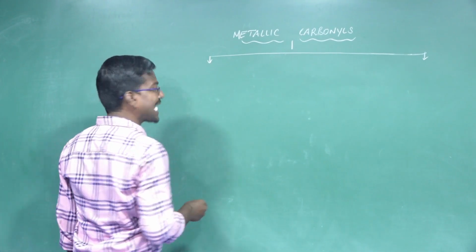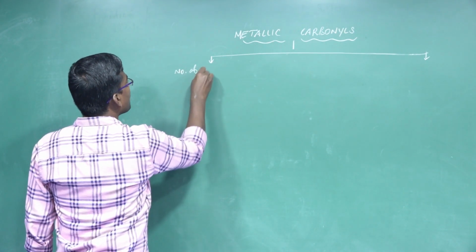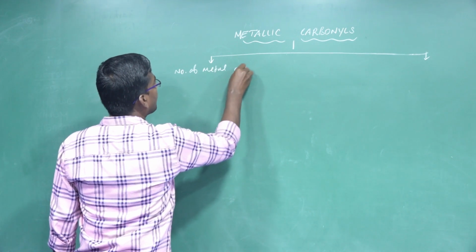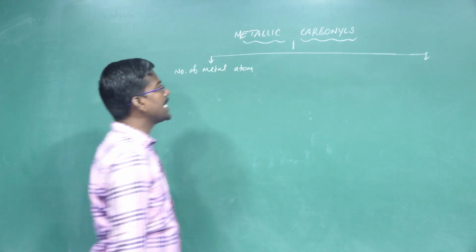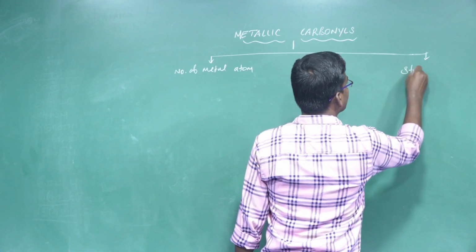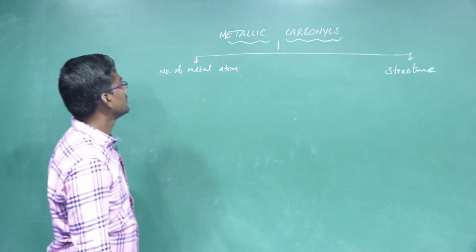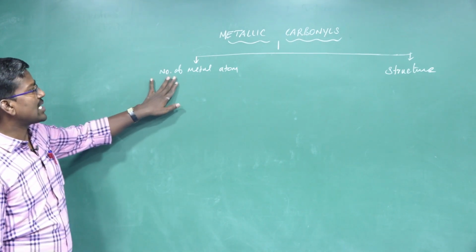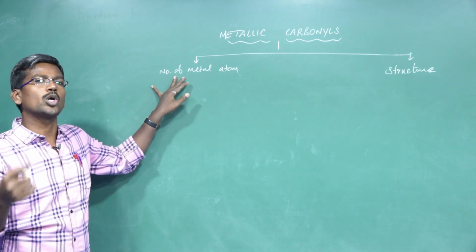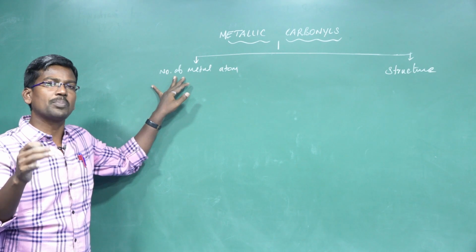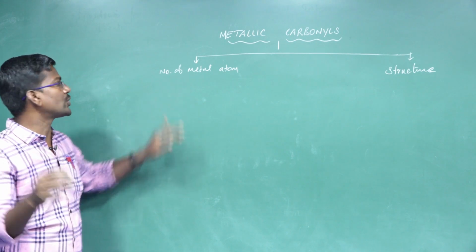One is classification based on the number of metal atoms. The other is classification based on the structure. In the classification based on the number of metal atoms, some compounds contain only one metal, and some contain two or more metals. So, depending upon the number of metal atoms present in the metal carbonyl, it is further classified into two types.